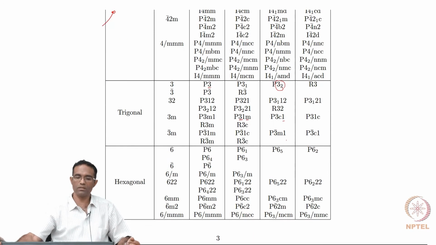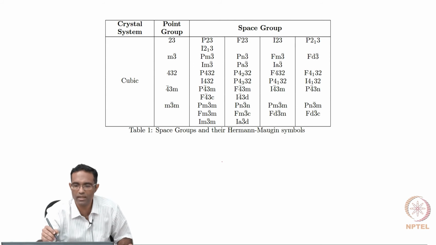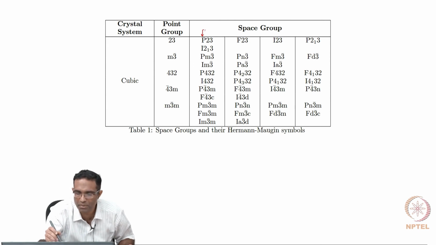Then you have the hexagonal system, which should be very clear because of the presence of the sixfold rotation. Then last you have cubic. The cubic is identified by the presence of 3 in the second slot, I mean the second slot after the P or I, right? So always you will have this 3 or 3 bar present.